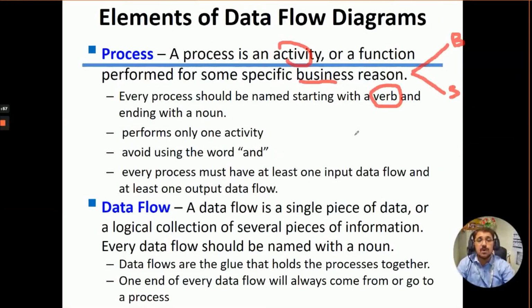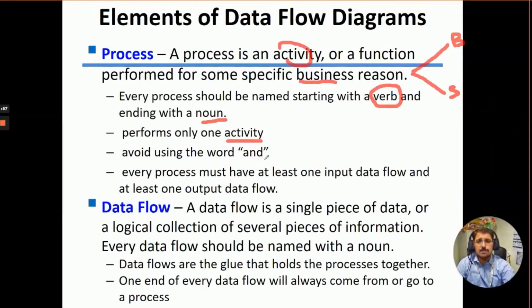Because a verb shows action, like login, search, purchase, pay, and so on. So it will start with a verb and will end with a noun, and performs only one activity. In one process there will be one activity.